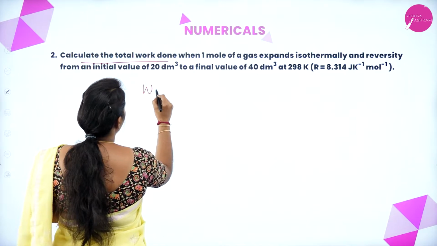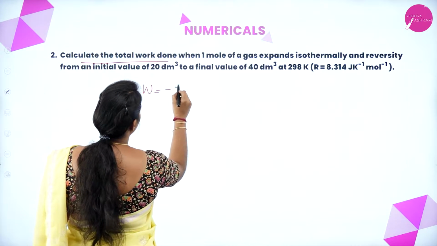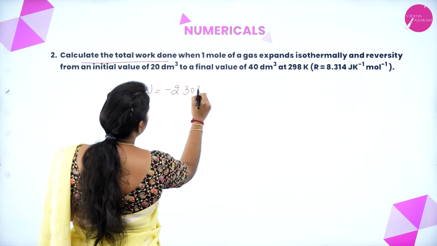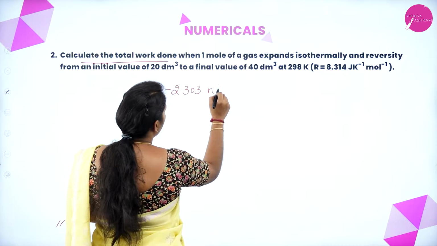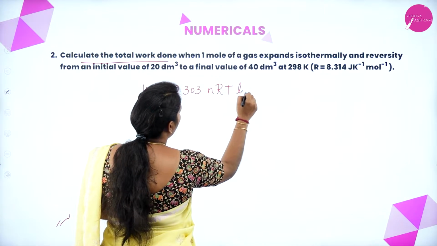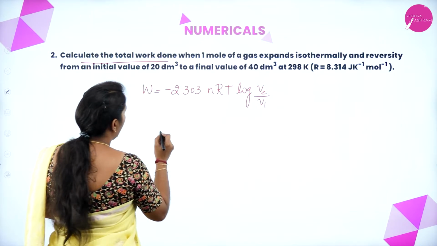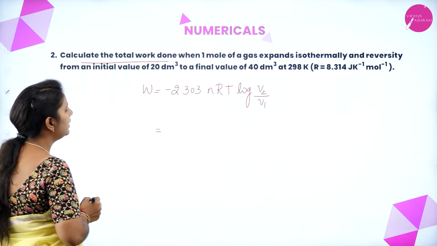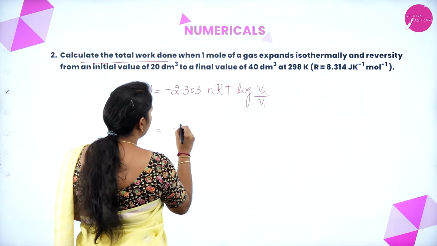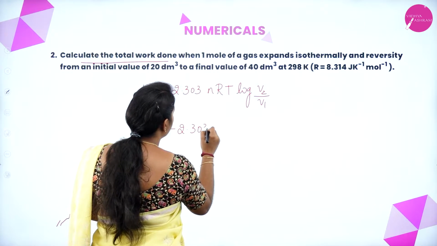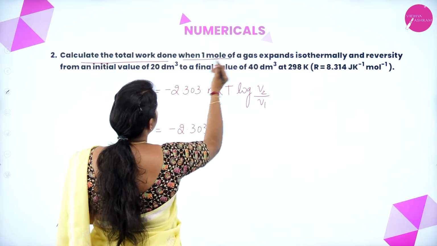For the work done, we have the formula W is equal to minus 2.303 nRT log V2 divided by V1, and we know R, n and T. What is the value of n? It is 1 mole.